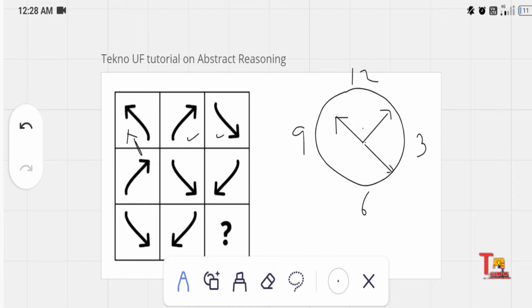In every rotation it is making a 90-degree turn, and it is rotating clockwise, right? So rotating clockwise and 90 degrees, and look at the tail of the arrow. This is also shifting right or left, right? So just look at the third row.